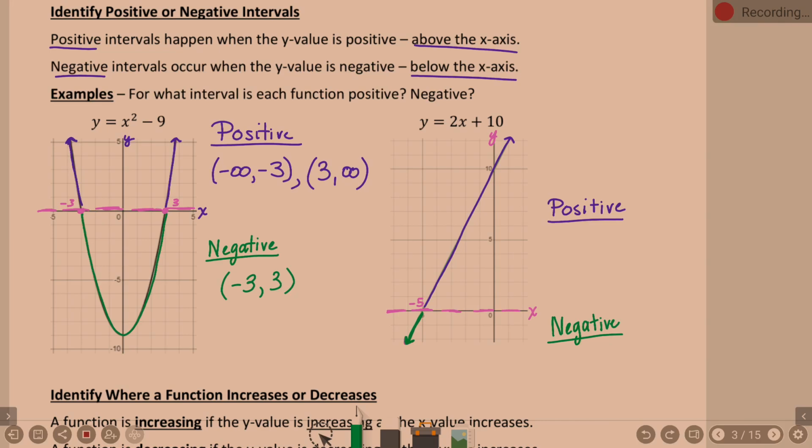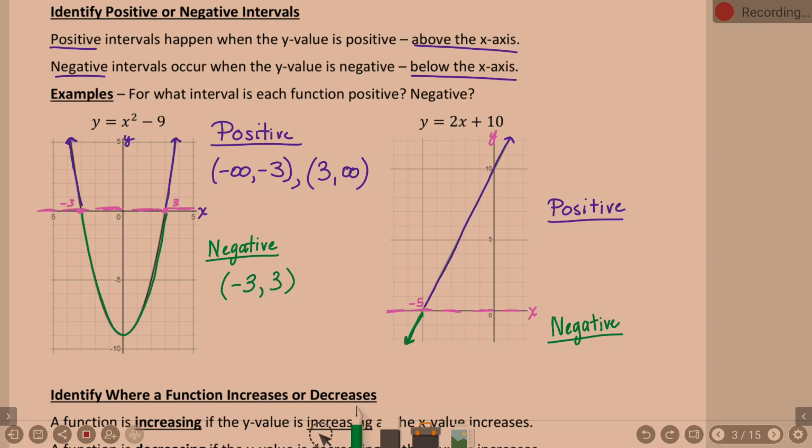If you think, I'm trying to make my hand a vertical line here. If you think of that vertical line, to the left of my hand is where it's below the x-axis, right? And so to the left of my hand are numbers that are smaller than negative 5. So if they're smaller than negative 5, it's numbers that are less than negative 5. How do we write that in interval notation?